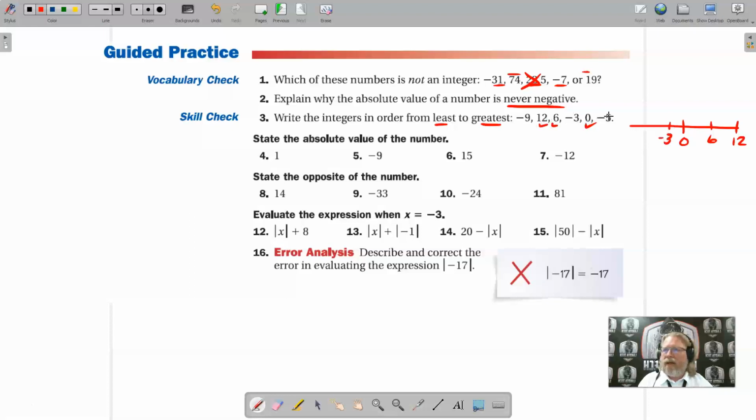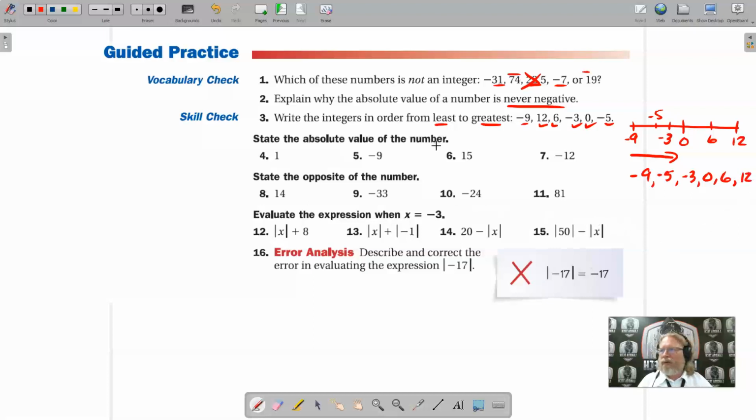And then a -5, and then -9, which would be right about here. So from least to greatest, reading from left to right, would be -9, -5, -3, 0, 6, and 12. We use a comma to separate them.